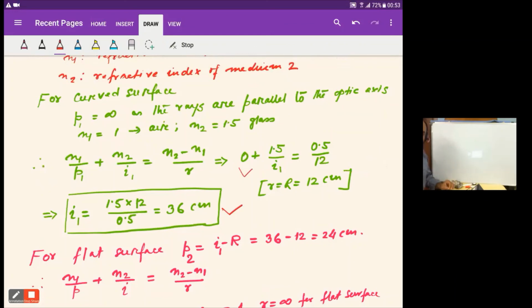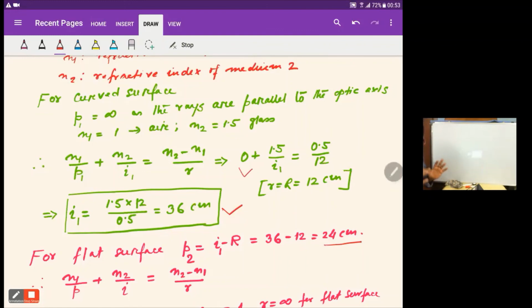For the flat surface, our object distance is now i1 minus R, because this i1 for the curved surface is now acting as an object for the flat surface, and for the flat surface we have to subtract the radius of curvature, which is 12. So i1 minus R is equal to 36 minus 12, that gives me 24 centimeter.